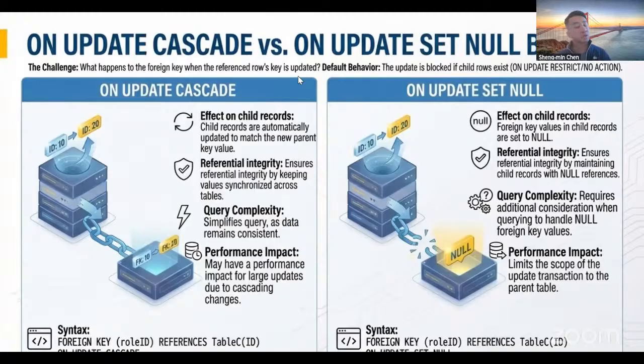On update set null is another customization option. Instead of updating the foreign keys in your child table, you're setting them to null. So now that relationship is broken again, and these rows in your child table are essentially orphaned.